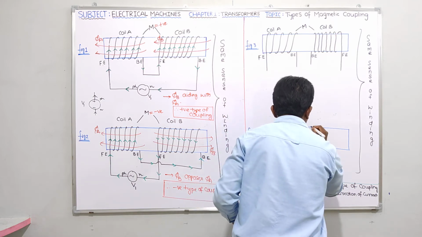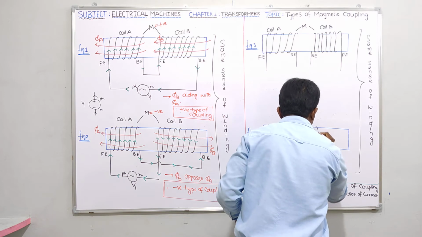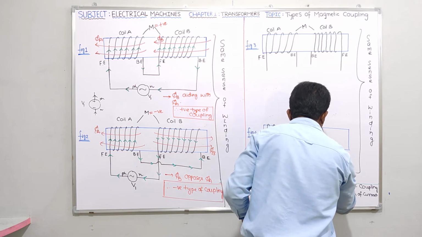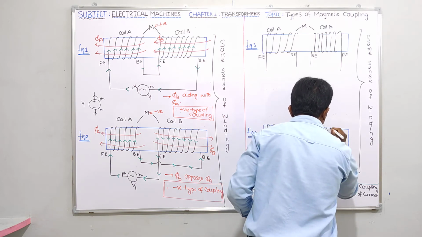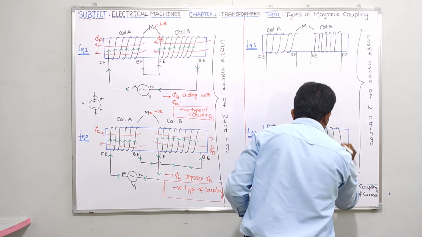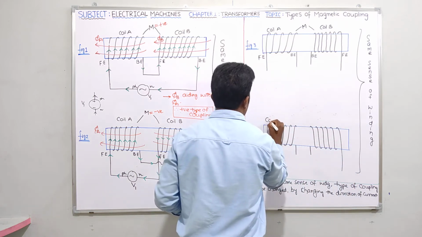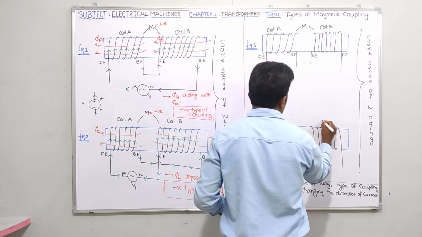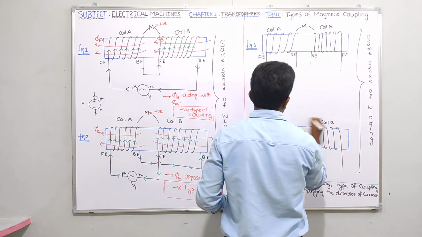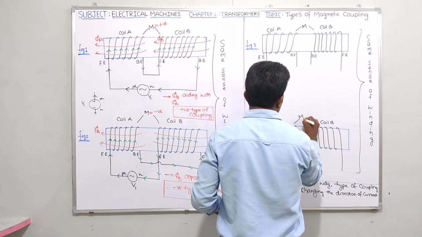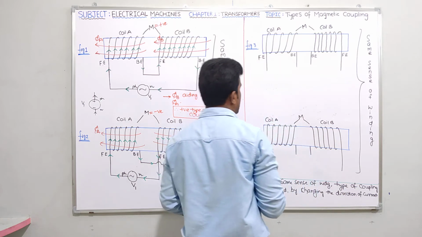Yeah. So coil A, so coil B. Between these two, magnetic coupling is there. Let me show mutual inductance M.